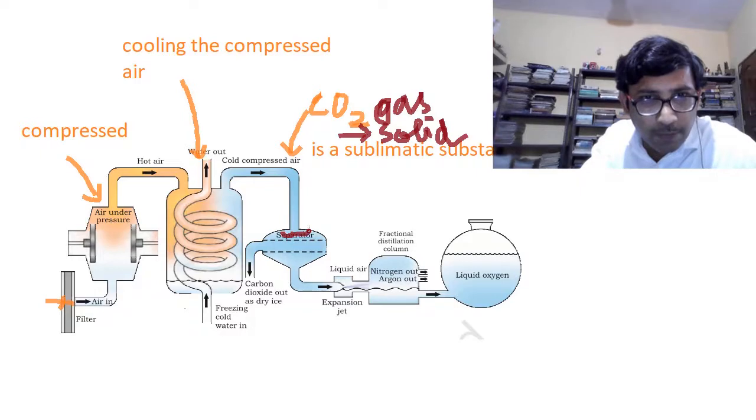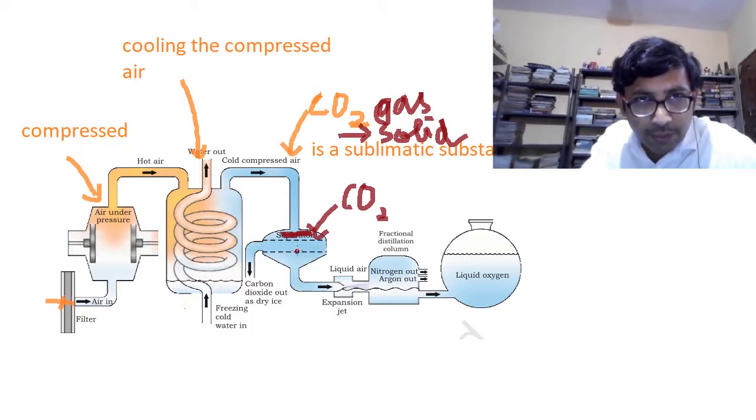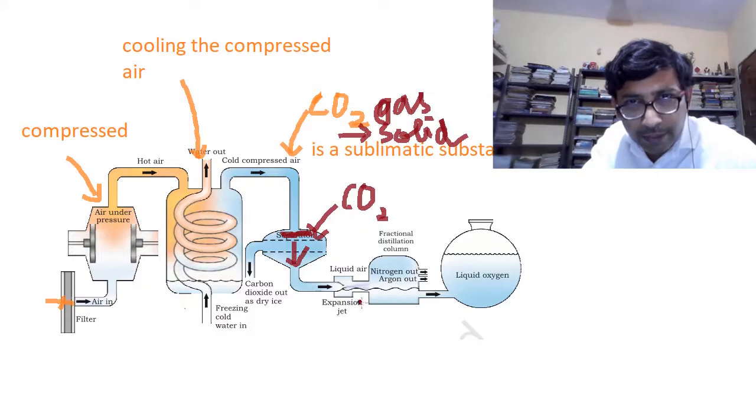So here in this place we will be having carbon dioxide trapped, and then the other gases are converted into liquid, and it passes through these filters and it goes from here, and here the liquid is then again allowed to expand. So when this liquid is allowed to expand, some are converted back into gaseous form due to this expansion, and the remaining are collected at the bottom of the container in liquid state.